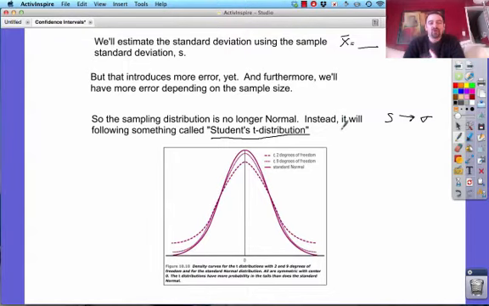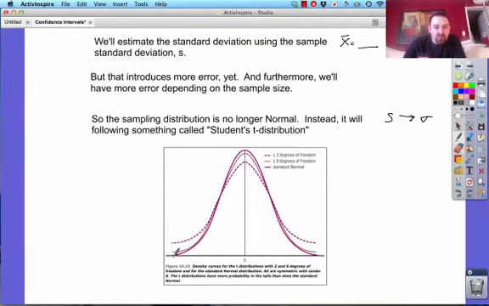The reason it's not called Gossett's t-distribution is because the Guinness Brewery would not allow him to publish under his own name, and so he had to use the pseudonym student. That's kind of a cool story. Anyway, we call it student's t-distribution, or simply the t-distribution, as opposed to the normal z-distribution.